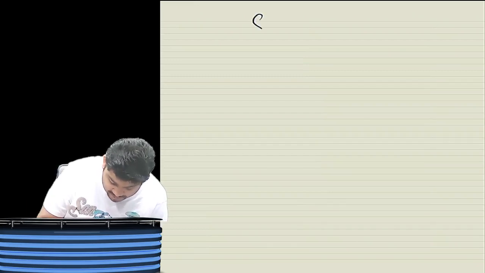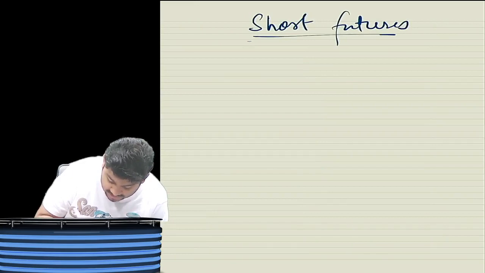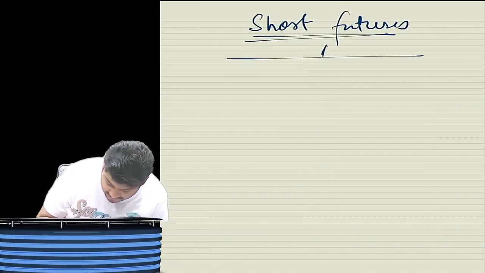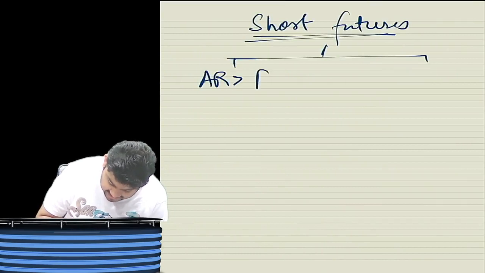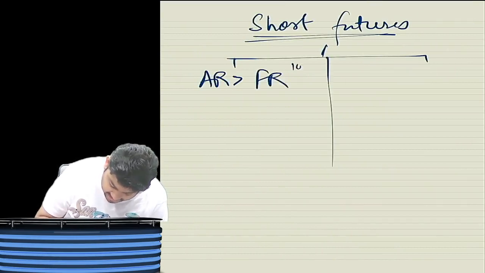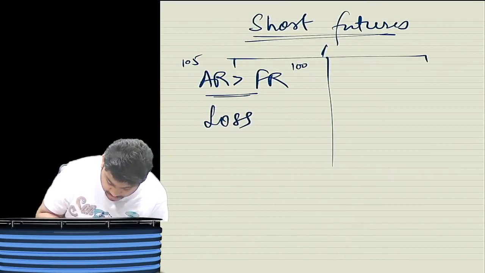And when you short futures, you understand what shorting futures is? It means selling futures. When you short futures, obviously, it is vice versa. When AR is greater than FR, say 100 and 105, it's a loss situation.